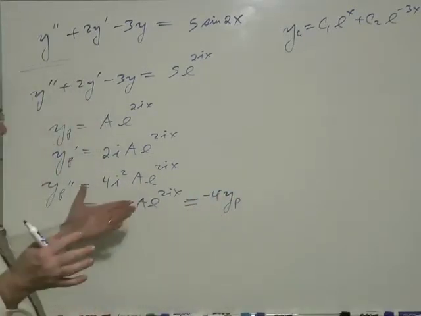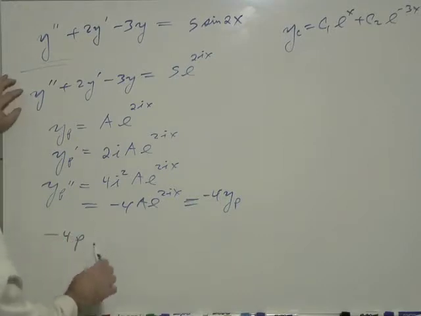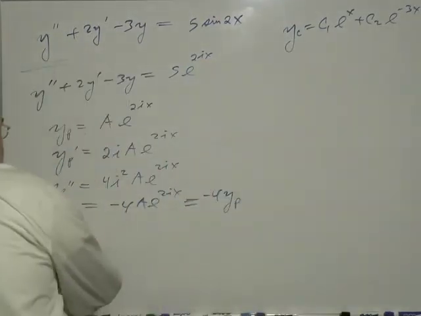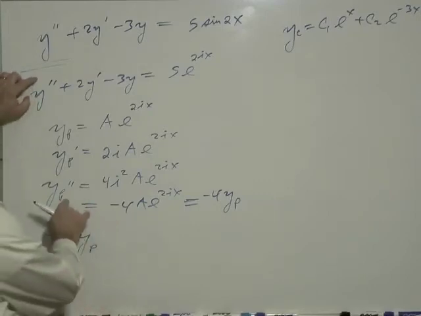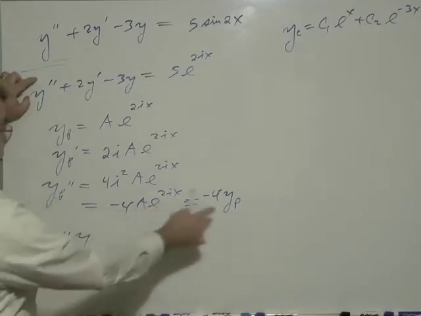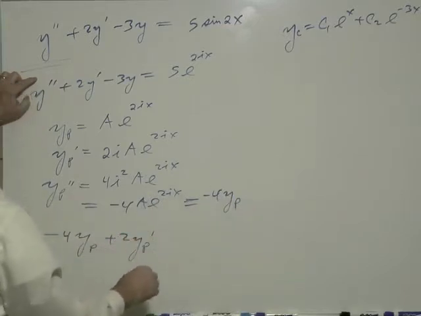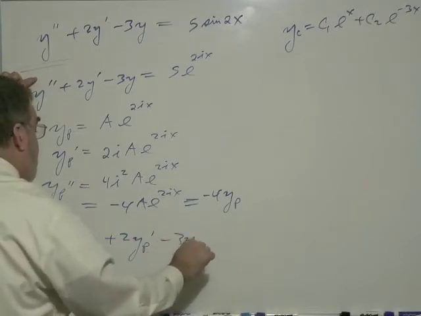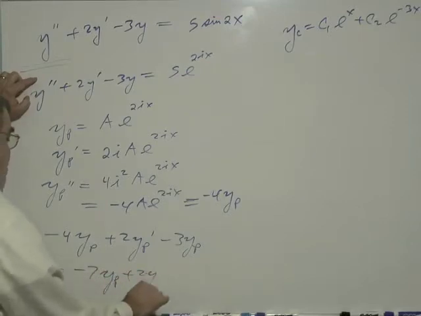So that part we saw earlier with the sines and cosines method. So now when I plug all this stuff in, let me write that correctly. y double prime, I'm going to rewrite as minus 4 times y particular, plus 2 y particular prime minus 3 y particular, and that equals minus 7 y particular plus 2 y particular prime.